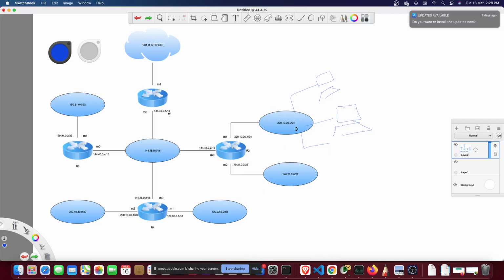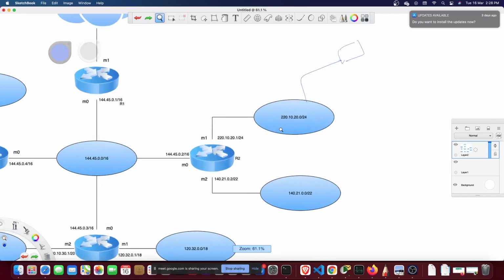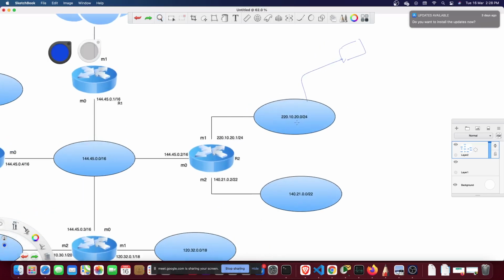So what is the network address here? 220.10.10.0. That is the network address. There can be many computers. We don't know how many computers or devices are connected. But for sure, this network is connecting all those computers connected here.